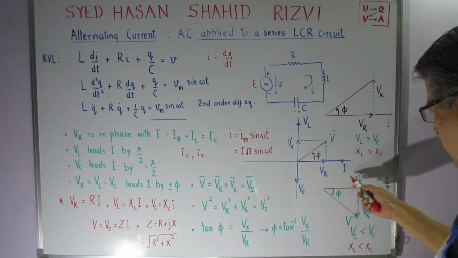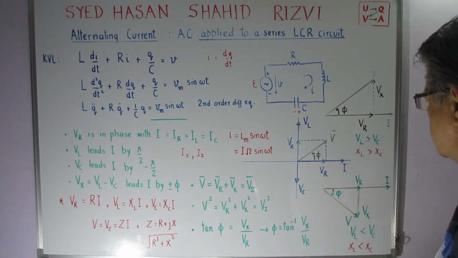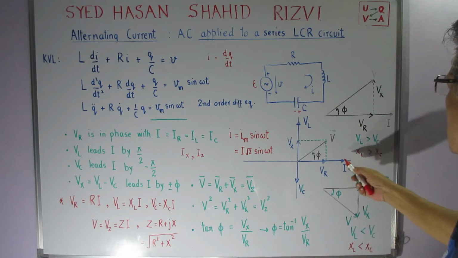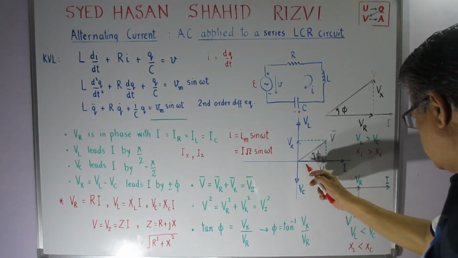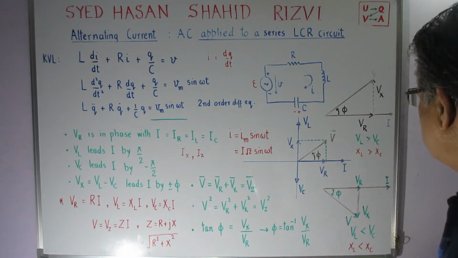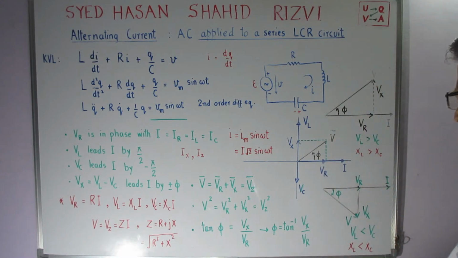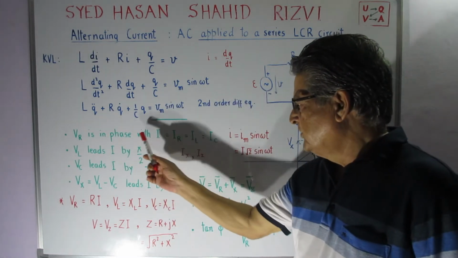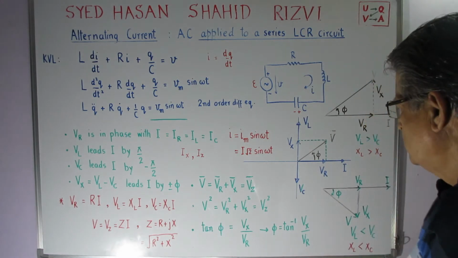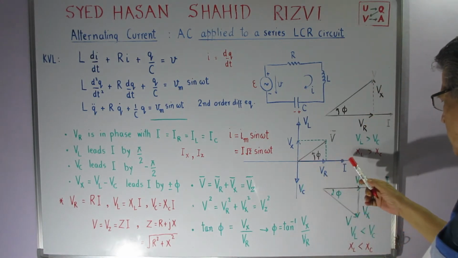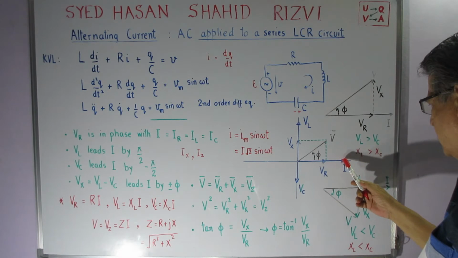Of course, this is in amperes and this is in volts. So the length has been shown more. You can draw a smaller length if you like, no problem. So look here, VR is in phase with I. So the phase difference is equal to 0. So on the same line we have VR and I.